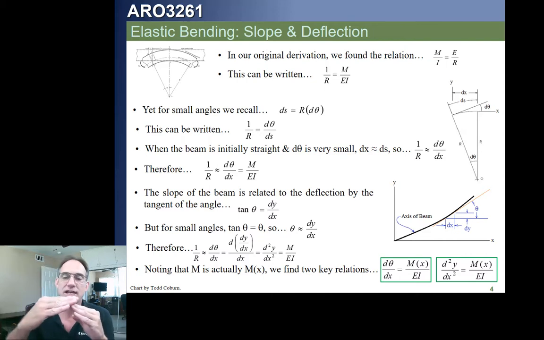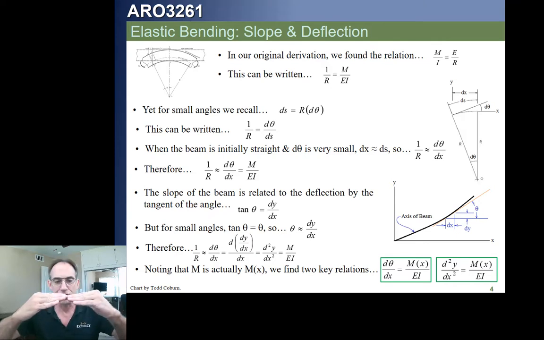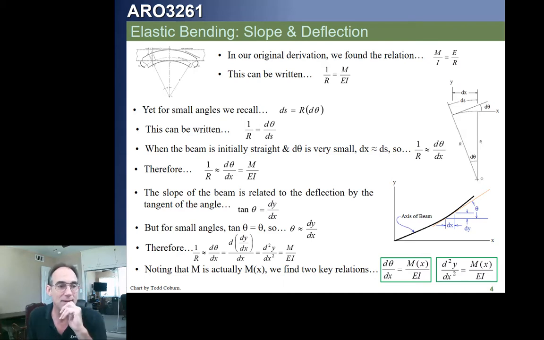We find that the change in the slope of the beam, so the beam is straight and it goes into a curved shape, the angle of the tangent with the beam is the slope, and the change in that slope with respect to a little increment of length dx is just the function of the moment in that area over EI. So if we have an equation for the moment of the entire beam, we could take a look at the change in slope over any little element.